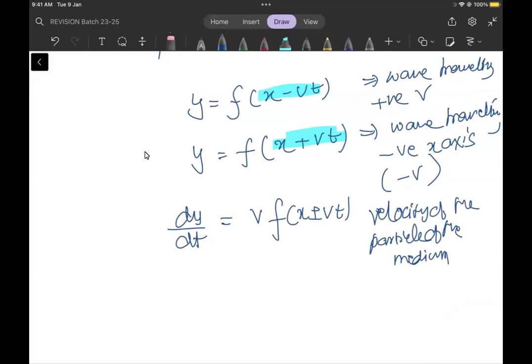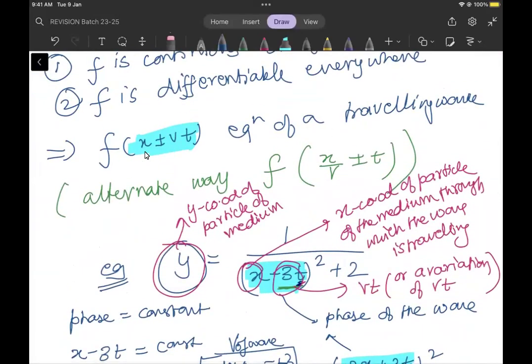Sir, in the above equation, can we also say that if the sign of x and t is the same, then it will travel in the negative direction? Absolutely, you can say that. And you have to remember that this y coordinate is written, so we can also think of this as displacement of the particle of the medium from the mean position, and this x is actually the mean position of the particle of the medium.